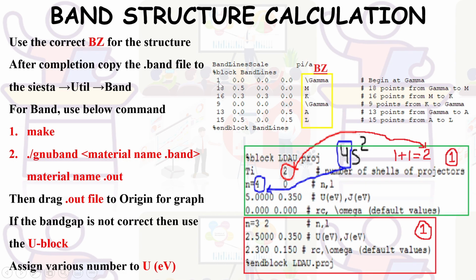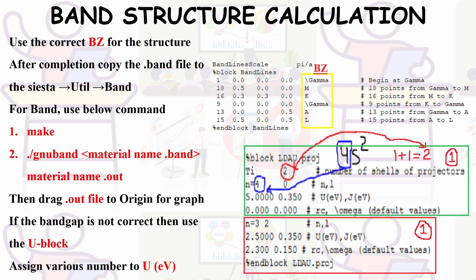The first point is 0, 0, since gamma always lies at 0, 0. From gamma to M there are 18 points, from M to K 16 points, from K to gamma 9 points, from gamma to A 13 points, and from A to L 15 points.